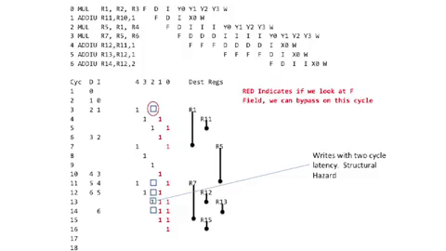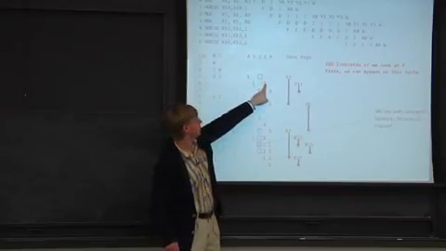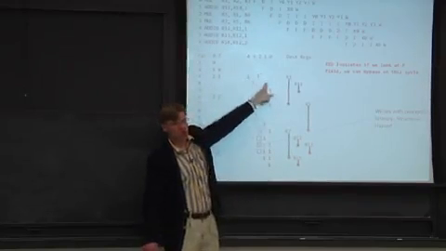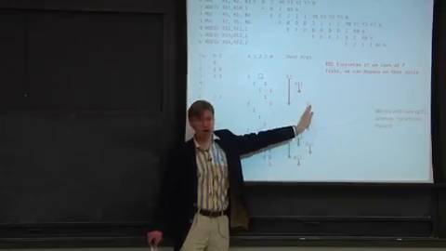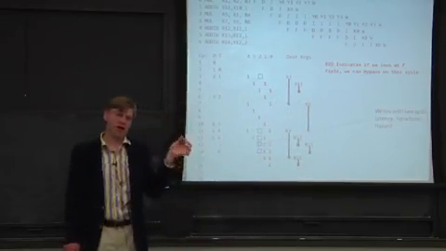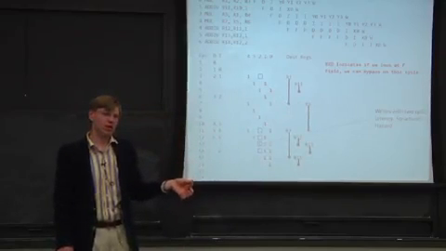And our scoreboard can answer that question. If there was a 1 in this box, yes, we would know that there was a mul or some other long latency instruction, and there would be a conflict. So when this instruction were to move here, this 1 would also clock every cycle and move down our scoreboard. It's going to conflict at that point, and we're going to know we're going to have a write hazard on the register file.